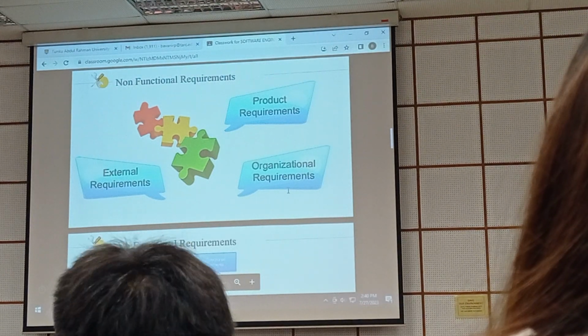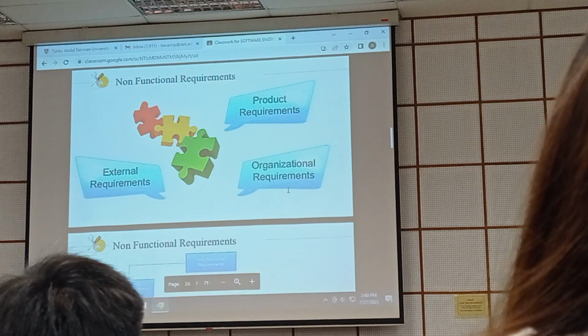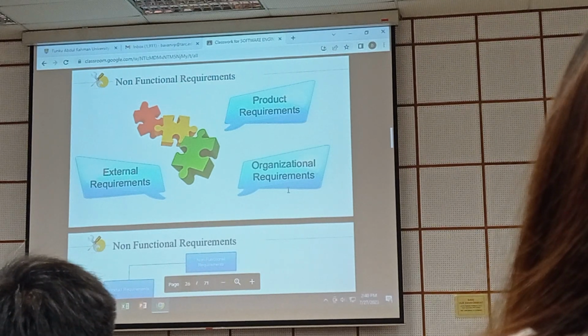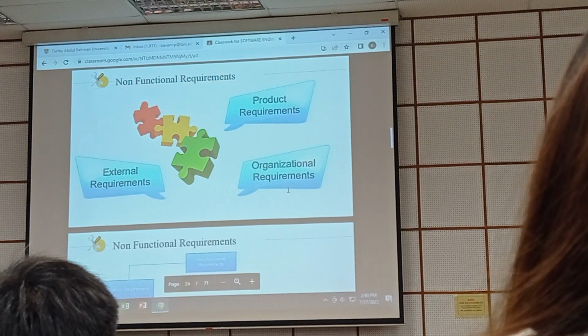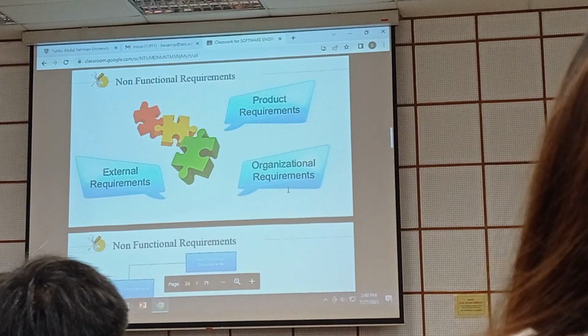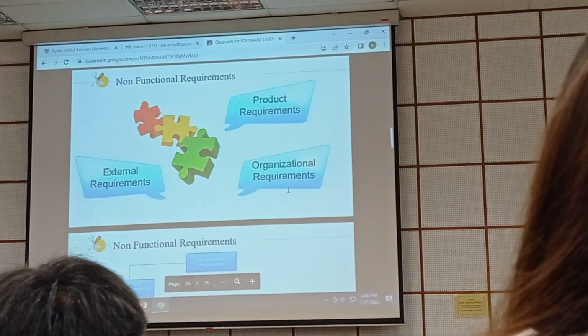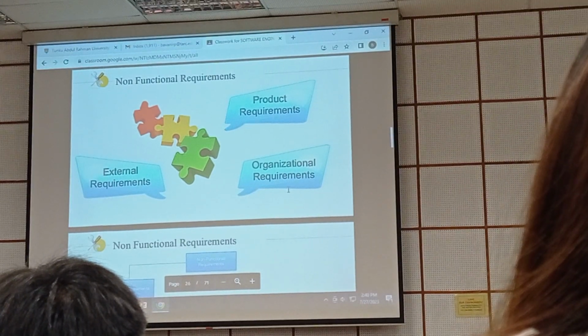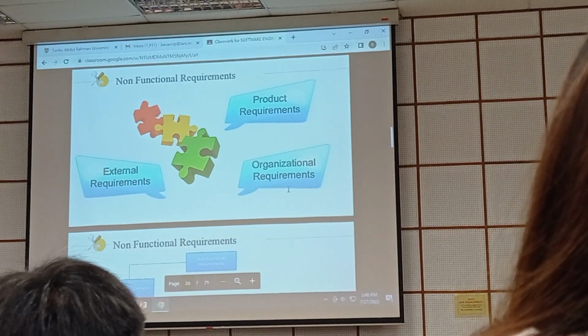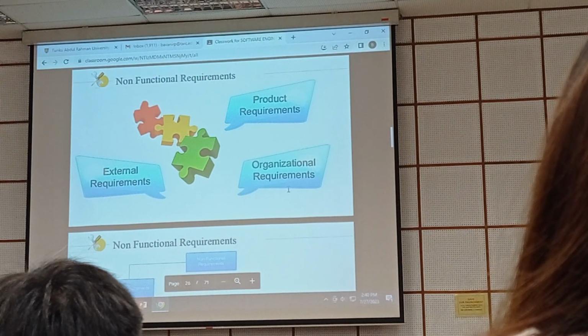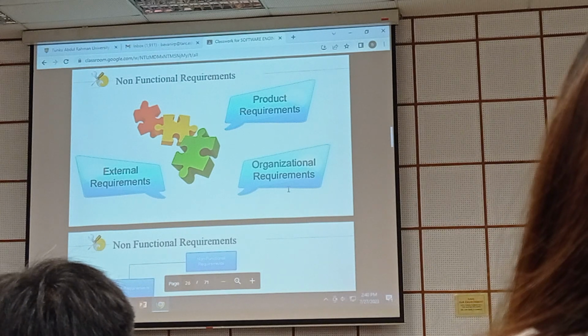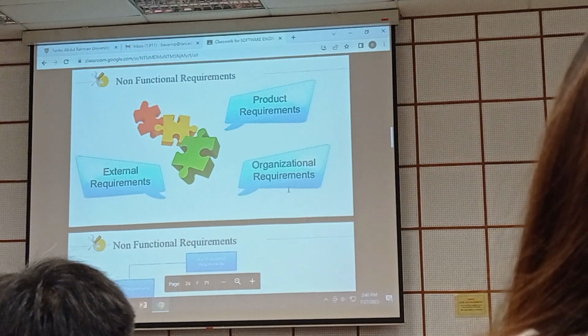Maybe out of three, it has two or one. But you need to do a thorough analysis first. You cannot simply choose, saying the product requirement is very easy for me to find, so I do the product requirement. But what applies to the organization requirement and external requirement? You don't know what that is, right? Let me explain about it.